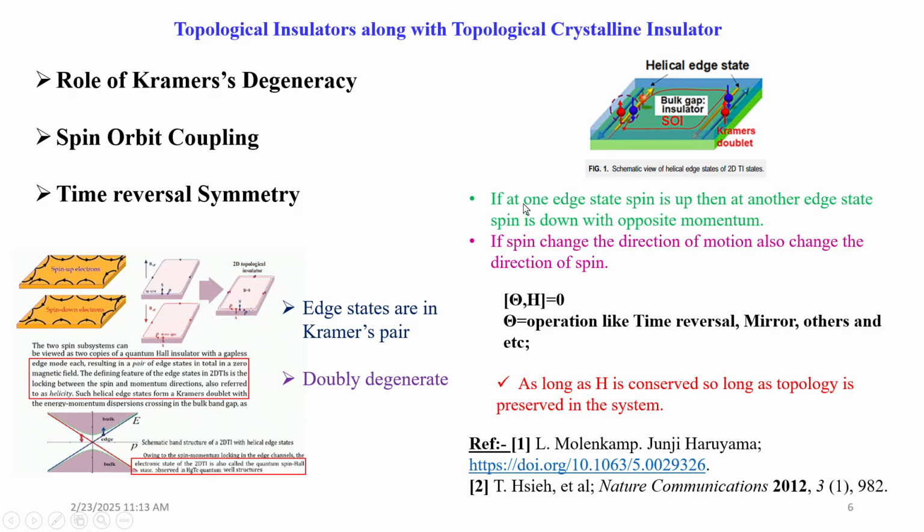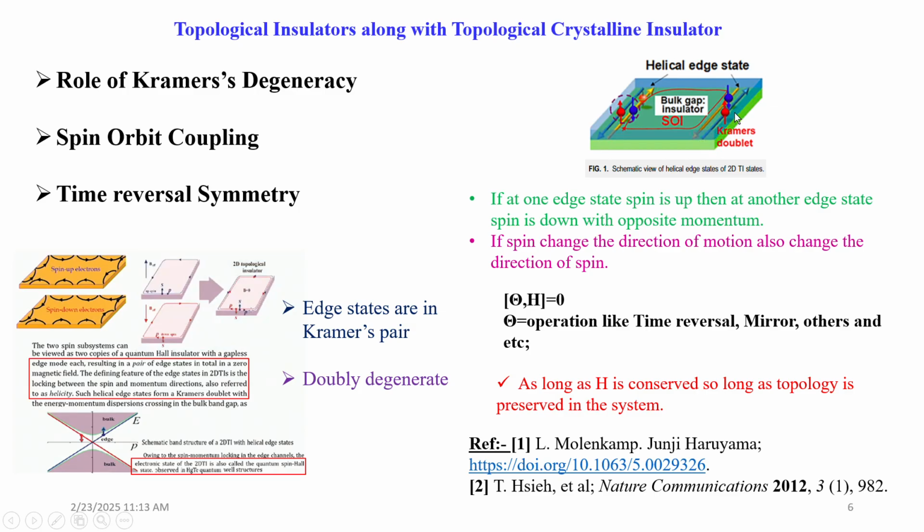If at one edge state the spin is up, then at the other edge state the spin is down with opposite momentum. If the electron changes its direction of motion, it also changes its spin. This shows the Kramers degeneracy. Again, there are two levels, but the electron can reside in one level with either spin up or down.